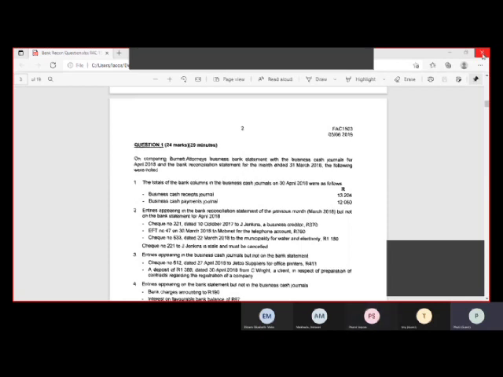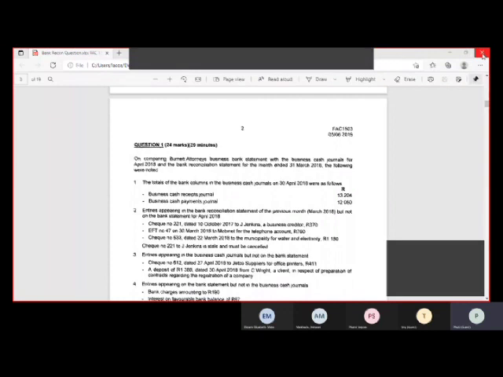At the end of the day, yes, your totals under your CRJ and CPJ will be transferred through to your bank account, but at this stage they are not complete. So they want you to actually complete them. Make sense? Okay. Let's move on to transaction number 2.